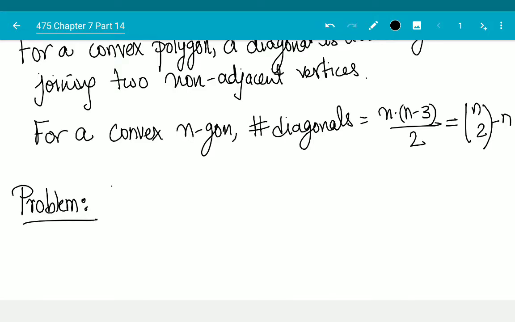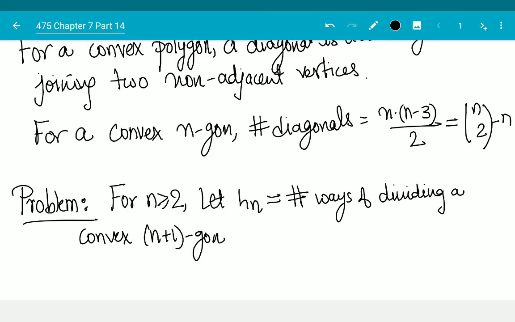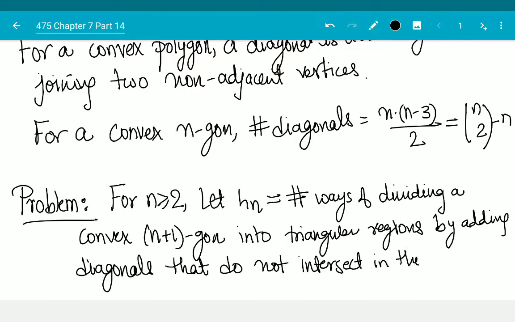For n greater than or equal to 2, let h_n be the number of ways of dividing a convex (n plus 1)-gon, a convex polygon with n plus 1 sides, into triangular regions by adding diagonals which do not intersect in the interior.